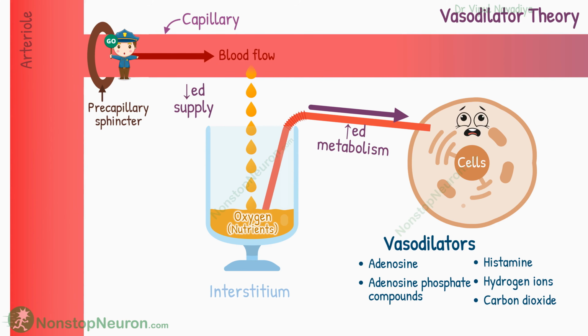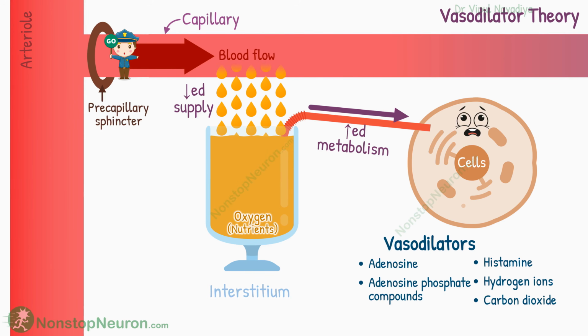Here they cause their relaxation. Resultant dilation increases the blood flow in capillaries. This brings more oxygen to the tissue and solves the problem. So this is the vasodilator mechanism of regulating blood flow.